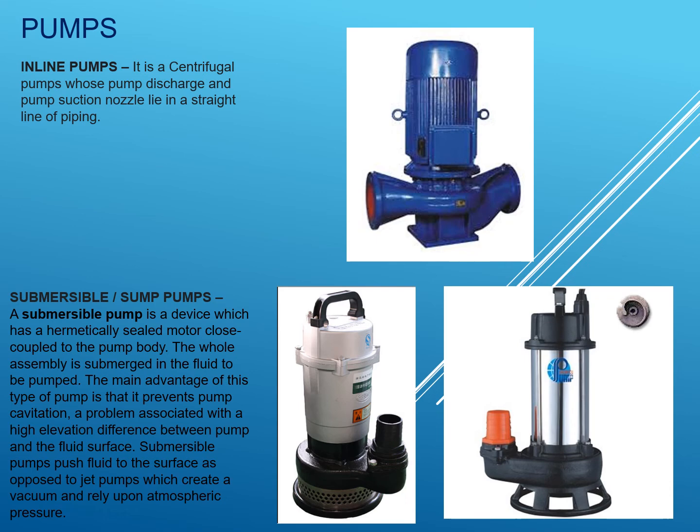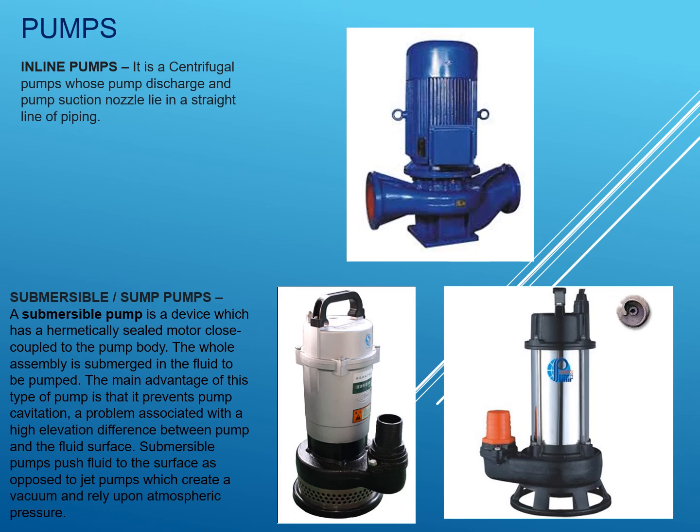The next one is called a submersible or sump pump. A submersible pump is a device which has a hermetically sealed motor close coupled to the pump body. The whole assembly is submerged in the fluid to be pumped. The main advantage of this type of pump is that it prevents pump cavitation, a problem associated with a high elevation difference between the pump and the fluid surface.